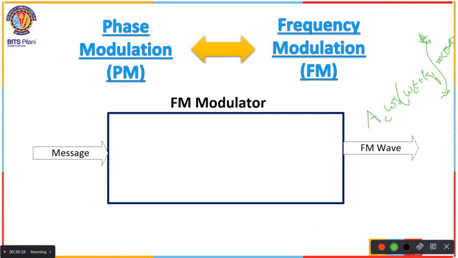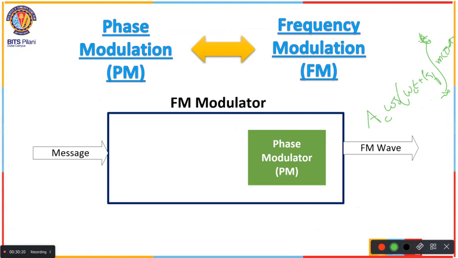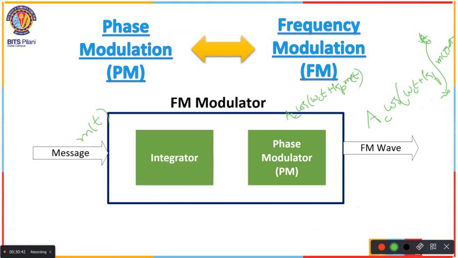What you have here is phase modulation, A_c cos of omega_c t plus k_p into m of t. Now you have to get this. What should you do with the message signal m of t? Integrate it first. So your m of t becomes the integration from minus infinity to t of m of tau d tau.